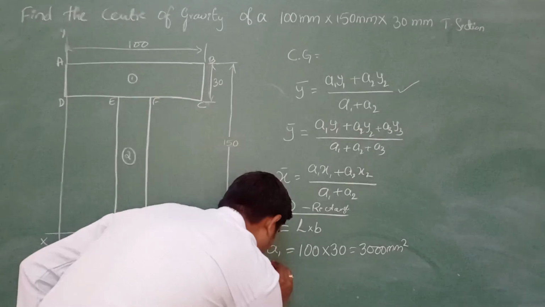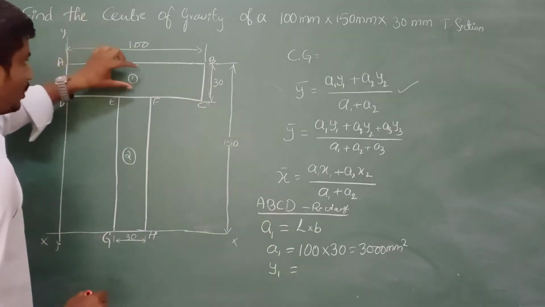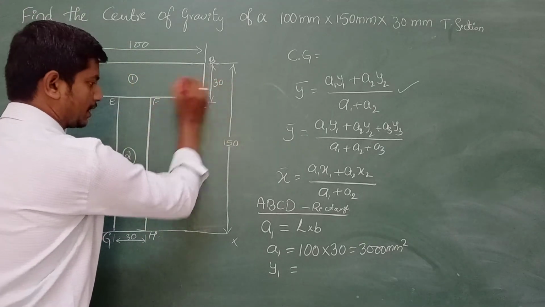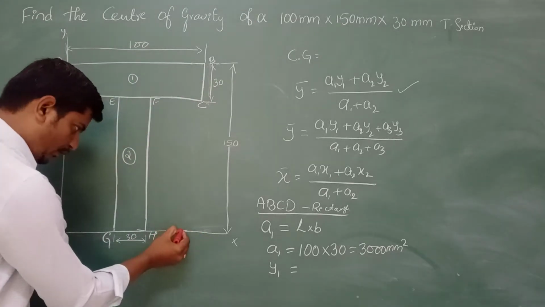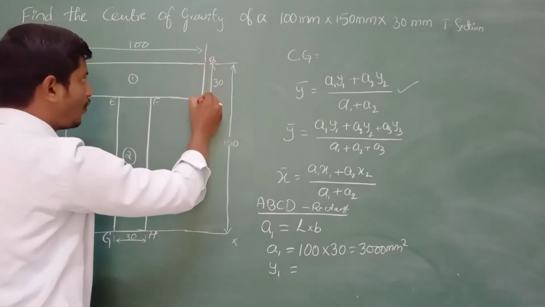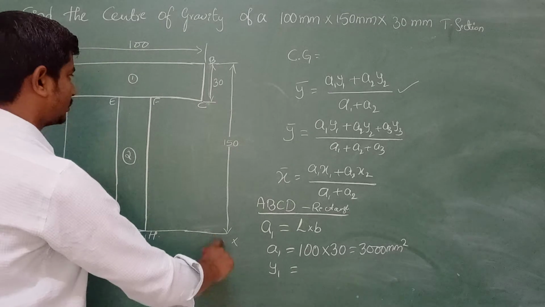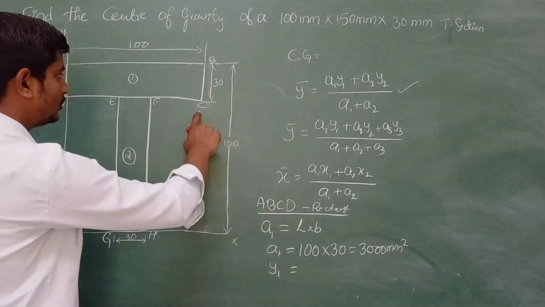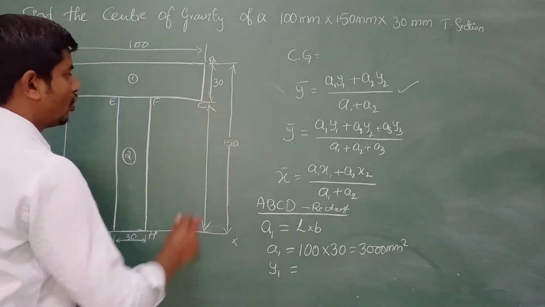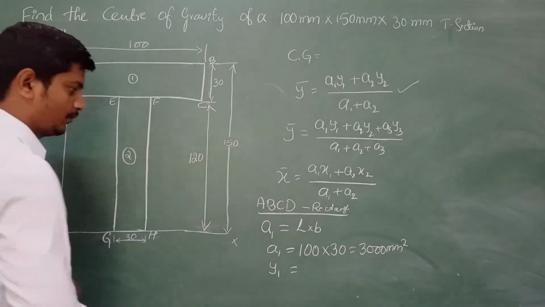Next, let us consider Y1. The center of this web is measured from the x-axis to point C plus half of BC. The value from the x-axis to C is calculated as 150 minus 30, which becomes 120.